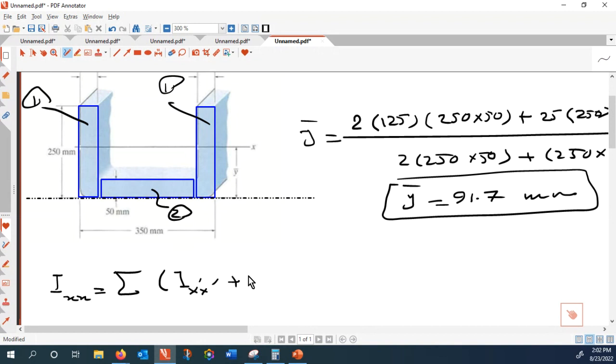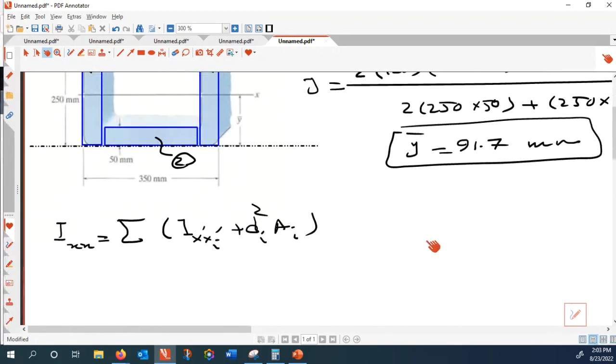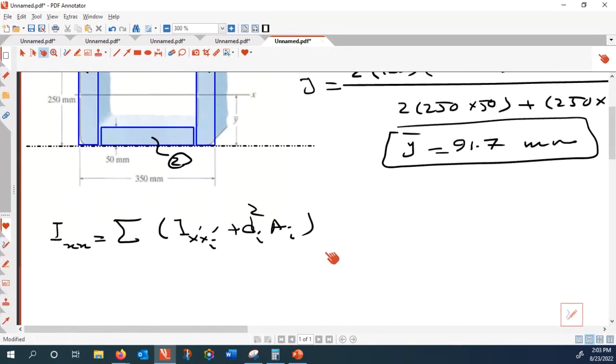The penalty is di squared ai. So that makes for 3 of them. So this is 2 times, for shape 1, this is a rectangle.